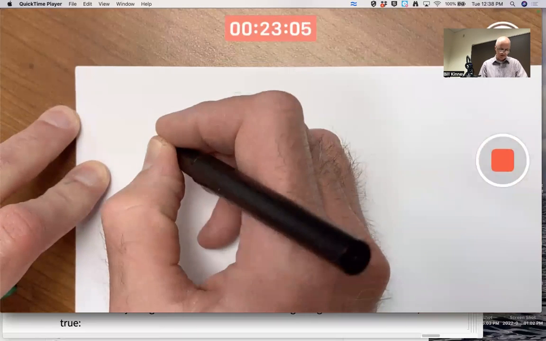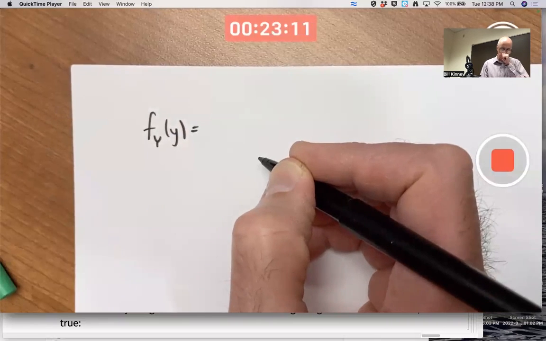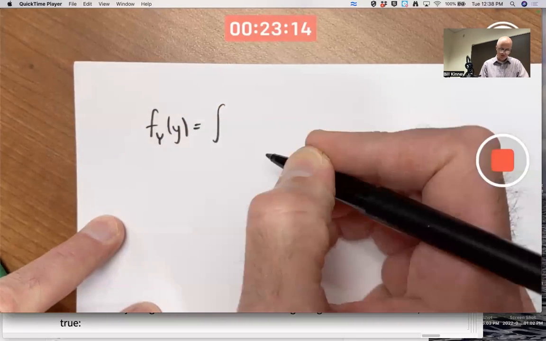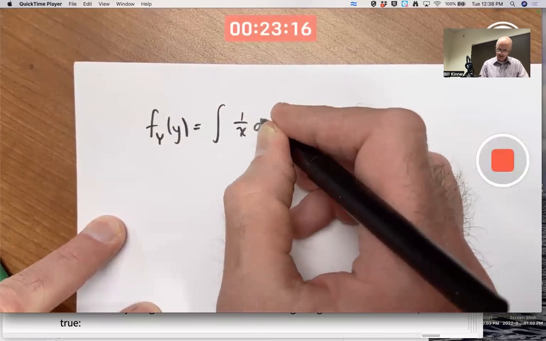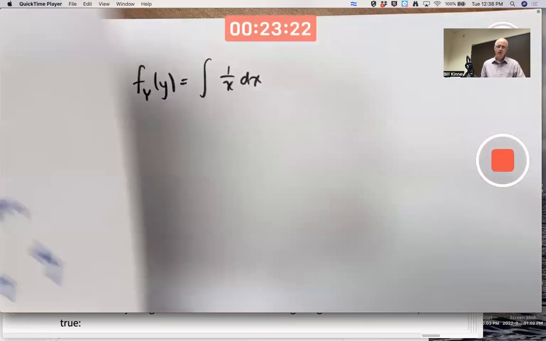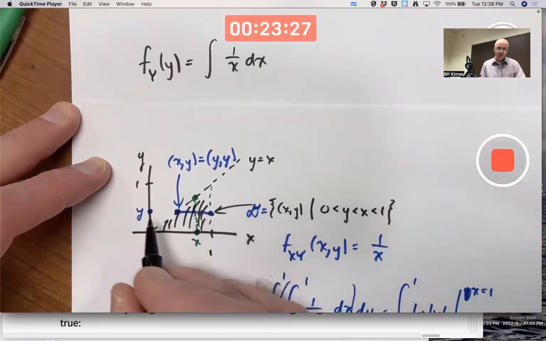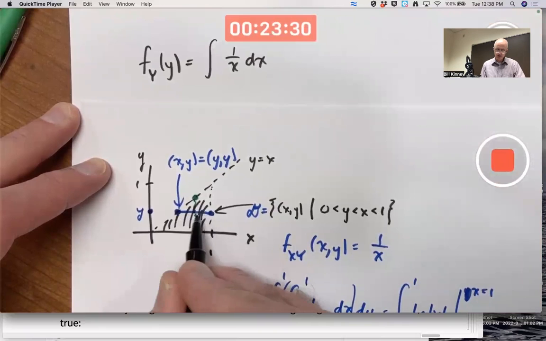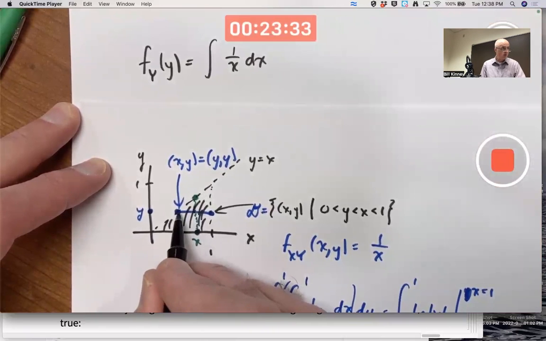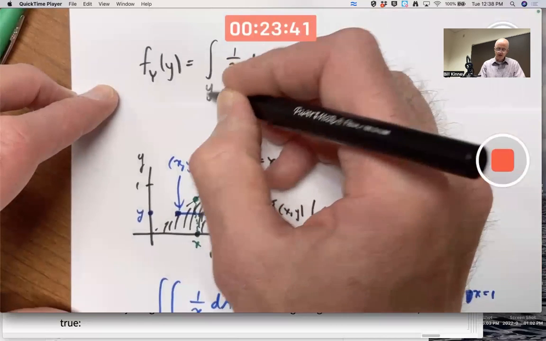Let's be a little bit more formal. What's the marginal PDF for y? We have to integrate out the x. And just like before, for any fixed value of y, think about this horizontal line: x goes between the first coordinate of this point and the first coordinate of this point, y to 1.